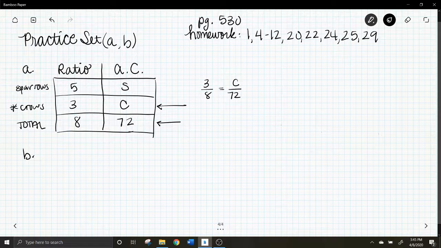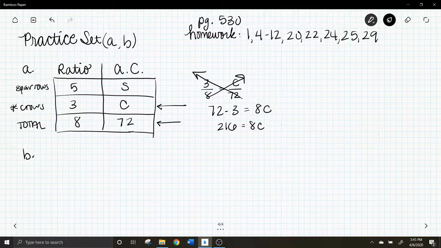And so what we want to do here is cross multiply in order to solve. So we'll do 72 times 3 equals 8 times C. All right, so do 72 times 3 and you would have gotten 216 equals 8C.